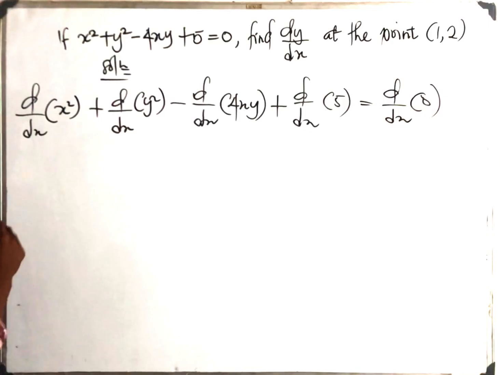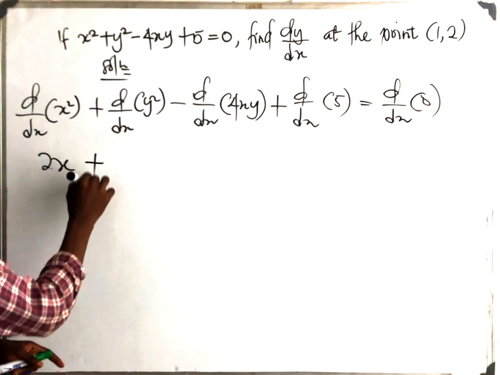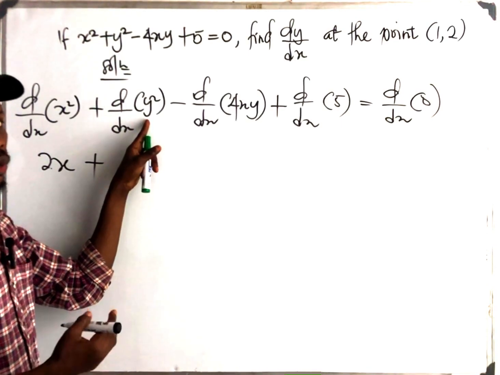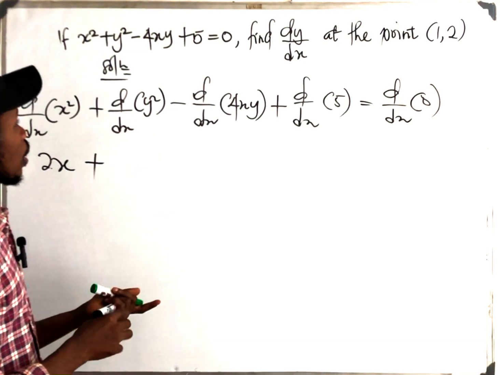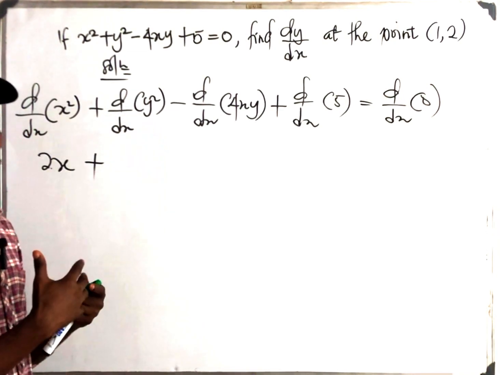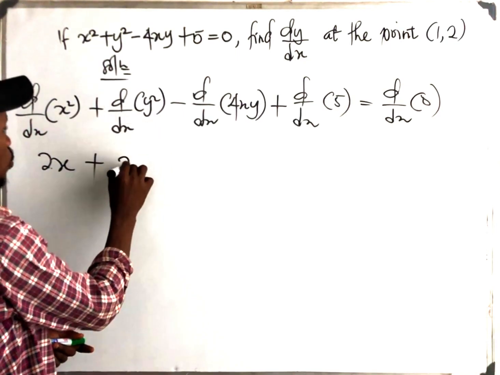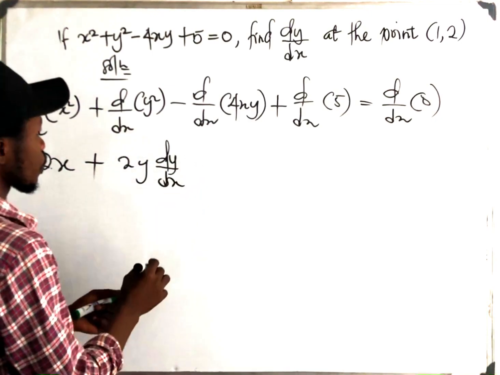If I differentiate this, it gives us 2x, right? If I differentiate it, remember anytime you differentiate a dependent variable, y is always a dependent variable per our setting. If you differentiate this, whatever you get, you add the dy/dx to it. So if I differentiate this, I'll get 2y. Then I'll add the dy/dx to it.